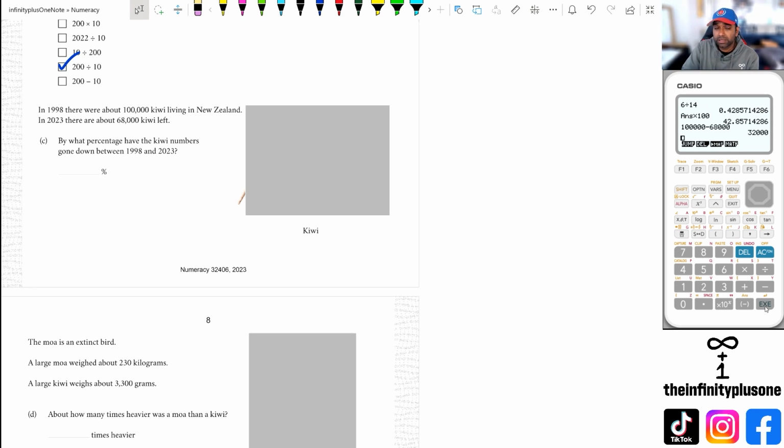So it's reduced by 32,000. To find this as a percentage, we do 32,000 divided by the original number, which was 100,000, multiplied by 100, because that should give us the percentage the population has decreased by. With 32,000 already in the calculator, we divide by 100,000, then multiply by 100. And when we do this, we get 32%.